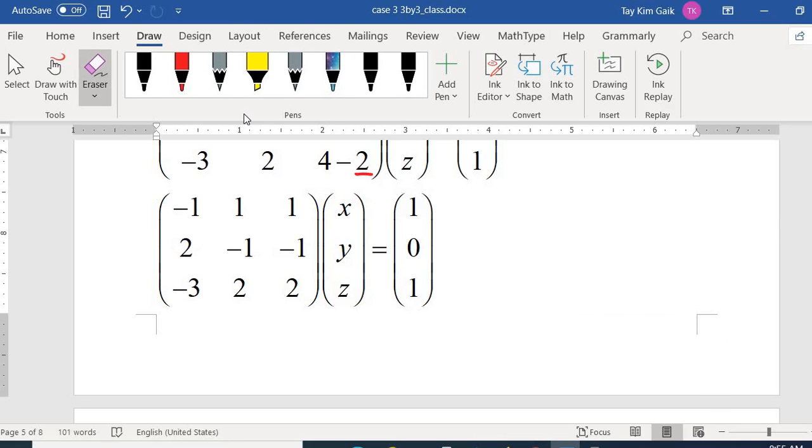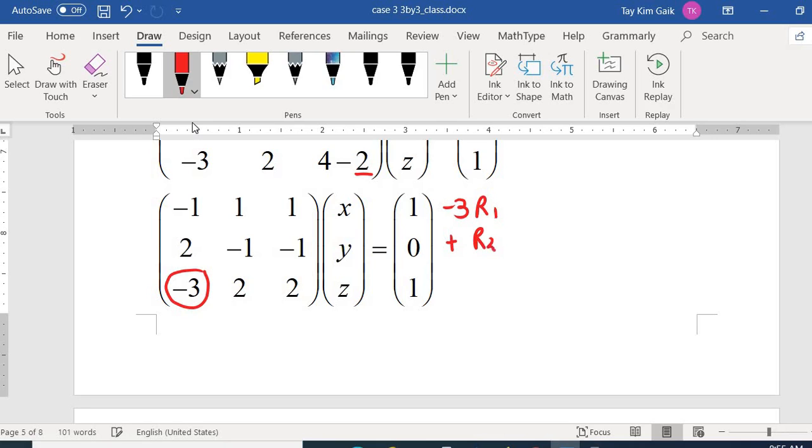we have actually the same operation for A31. So it's negative 3 times row 1 added with row 3. So row 1 times negative 3: this positive 3 becomes negative 3, negative 3. Add with row 3, which is negative 3, 2, 2, 1.